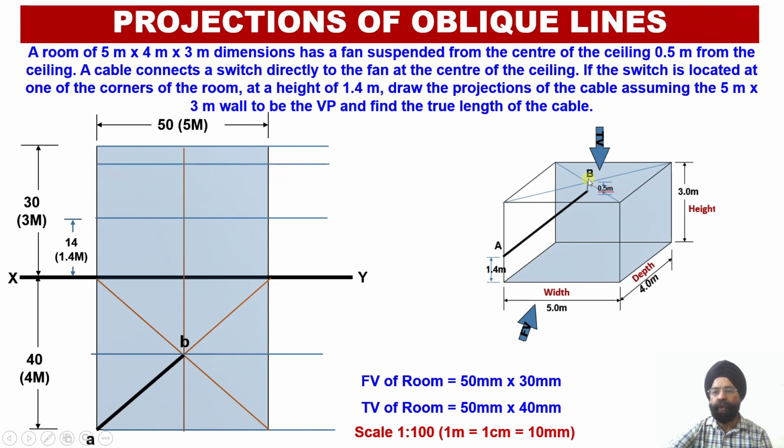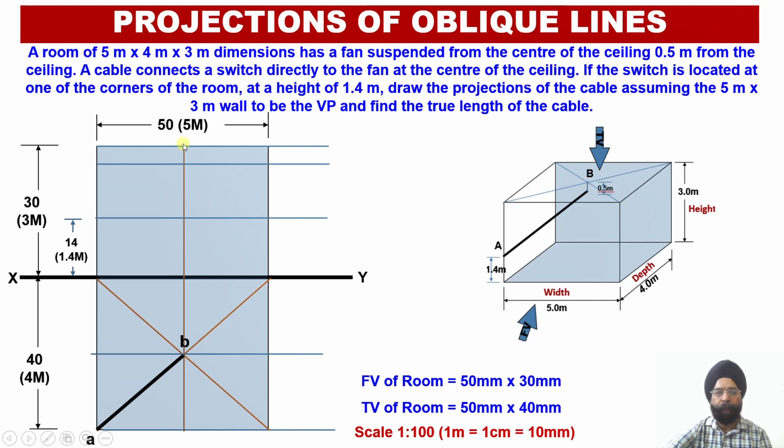And what is the location of small b dash? That is the front view corresponding to the point B. So this is my center point. You can see this is the location of the center of this room. But this fan has been mounted 0.5 meter below the ceiling.